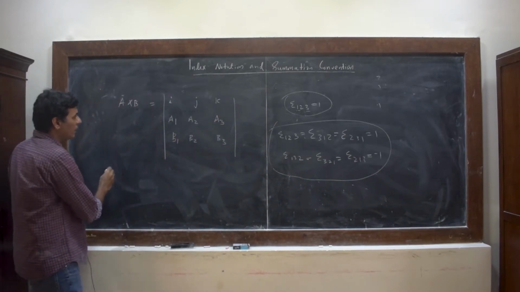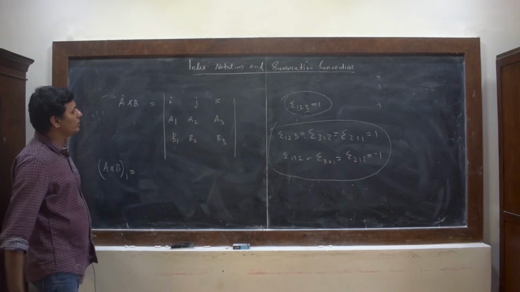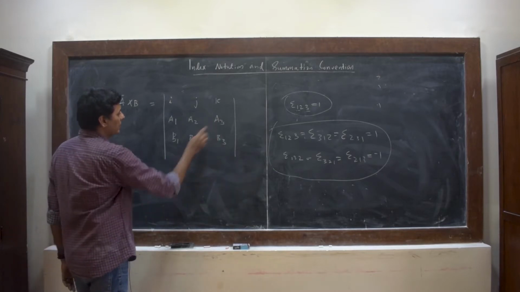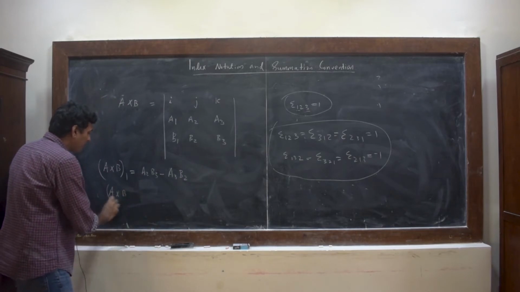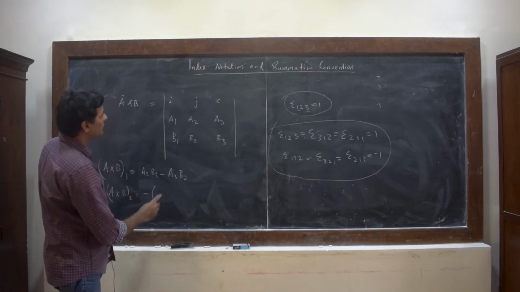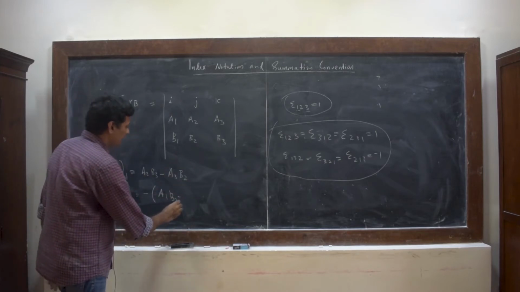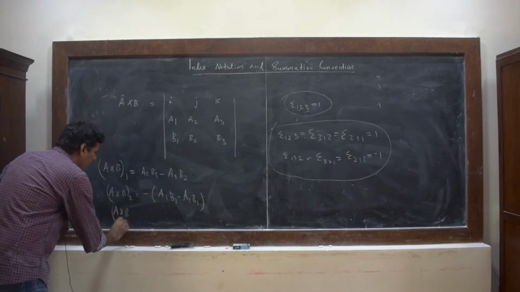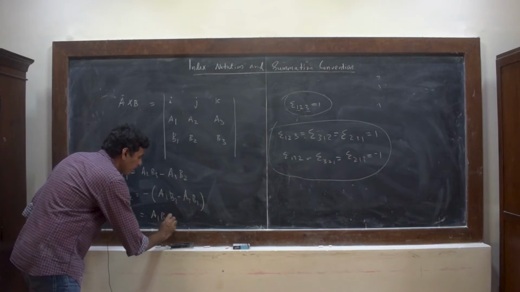So your A cross B, whose x component or first component, is equal to A2 B3 minus A3 B2, or A cross B whose y component or second component is equal to minus A1 B3 minus A3 B1, or A cross B whose z component or third component is equal to A1 B2 minus A2 B1.